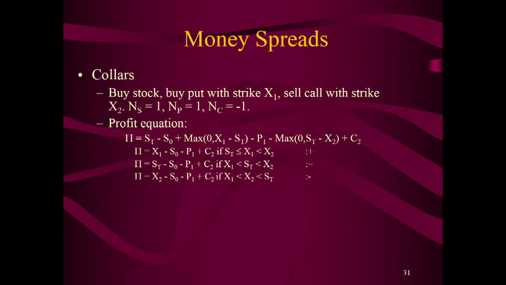At the same time, it's going to reduce your cost by writing a call, okay? Now think about that. If this is what you're trying to achieve, where is your X1 and where is your X2 relative to S? To protect your profit, what do you have to do? You buy a put, in or out of the money?